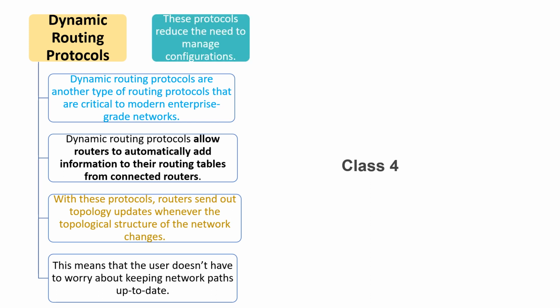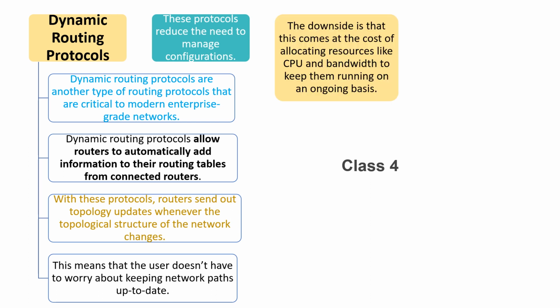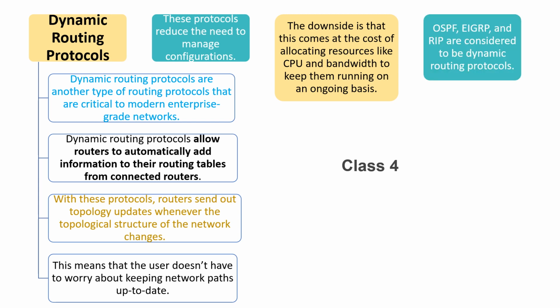And these protocols reduce the need to manage configurations. The only downside is that it comes at the cost of allocating resources like CPU and bandwidth to keep them running on an ongoing basis. And protocols like open shortest path first, enhanced IGRP and RIP are considered to be dynamic routing protocols. So these fall under this dynamic category.